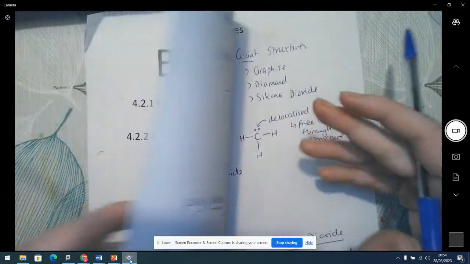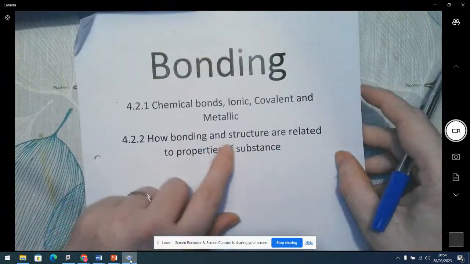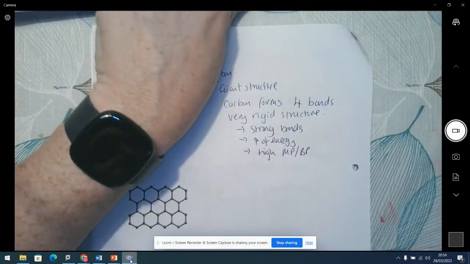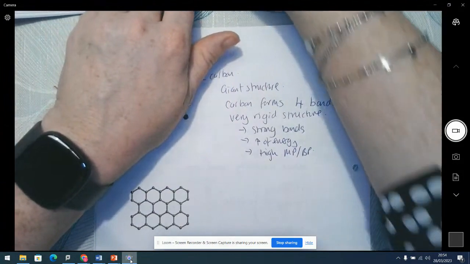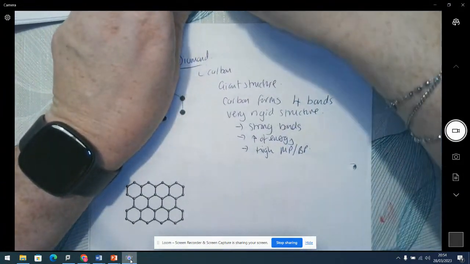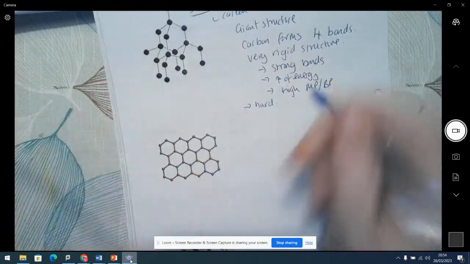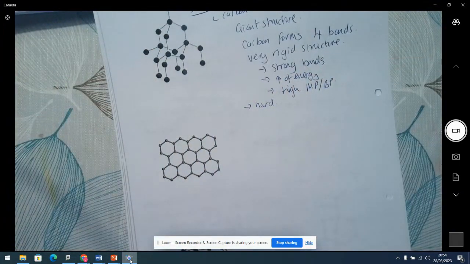So that's your 3 giant covalent structures that you need to be aware of. Again, they're all covalent because they've all got non-metals, but in this case, they are giant structures. Okay, just to point out, diamonds are also really hard, and that's down to the complexity of the bonding.